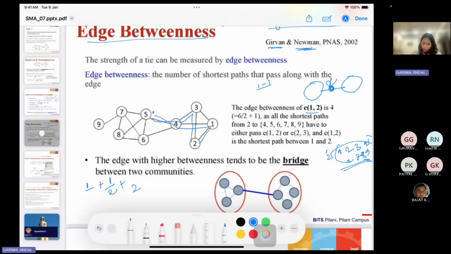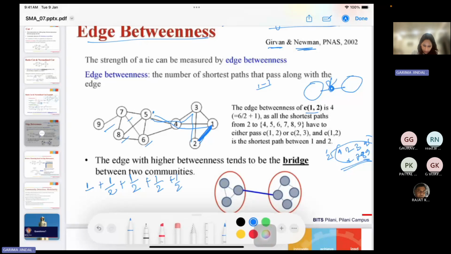Okay, so there are two paths, and one of them is passing through this particular edge. Okay, so then again we are going to calculate for 6, 7, 8, and 9. For all these nodes, the value will be 1 by 2, 1 by 2, and so on.